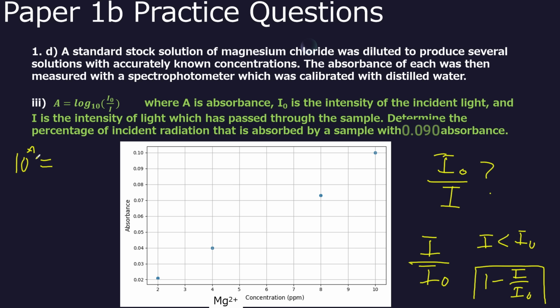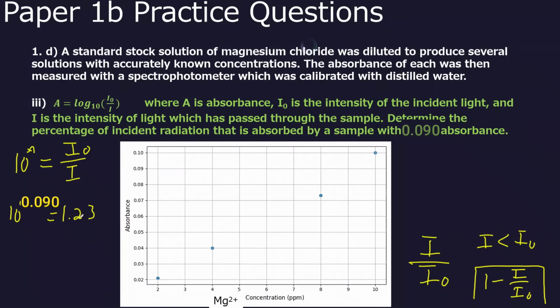So this should just be equal to I naught over I. All right. So we'll have our absorbance of 0.090. 10 to the power of 0.090. Okay, 10 to the 0.090 ends up being about 1.23. So that is I naught over I.